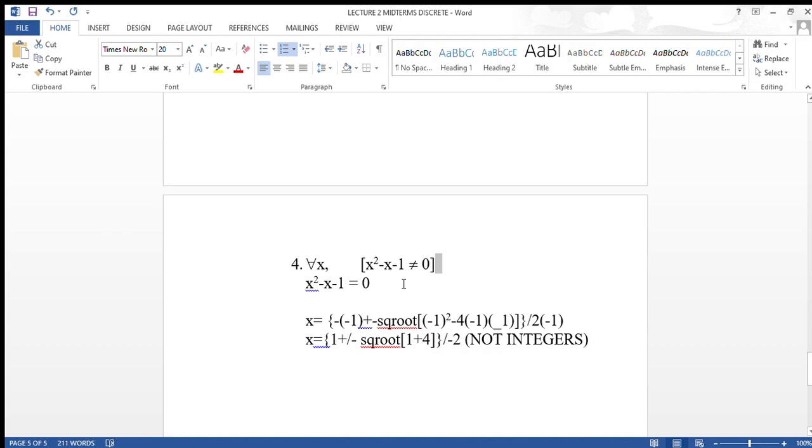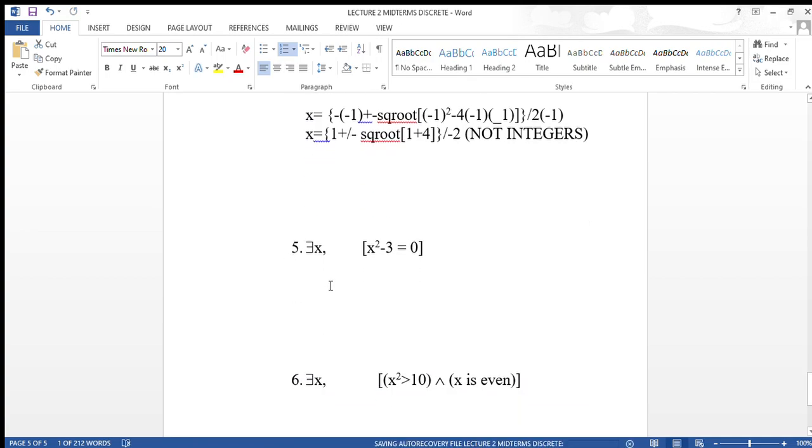It will not be equal to 0 because this will only turn out to be equal to 0 if the value of x is 1 plus or minus the square root of 5 all over negative 2, which is not an integer. Therefore, all integers that you substitute here, you will always find x squared minus x minus 1 not equal to 0. Therefore, the truth value for this one will be true.